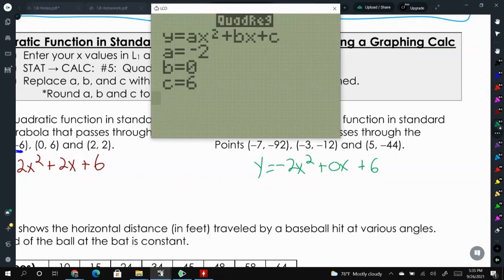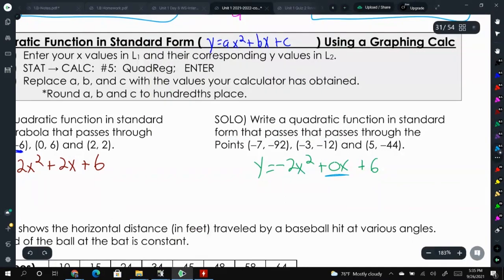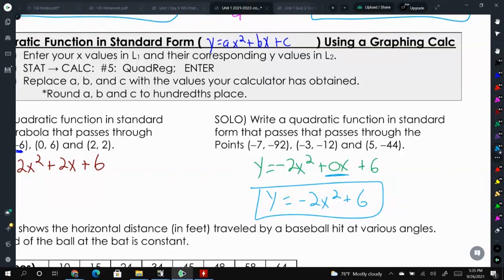Now, we've talked about this before, that 0x, we don't need to write that. 0 times anything is just 0. So this will be our final equation.